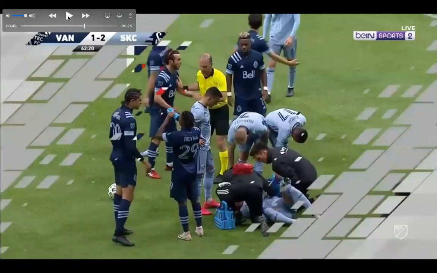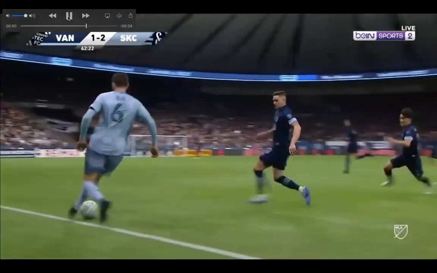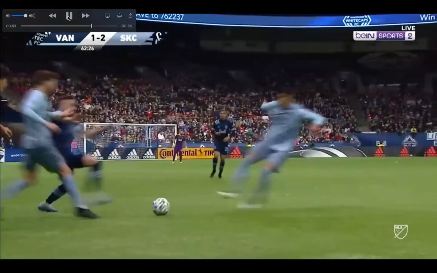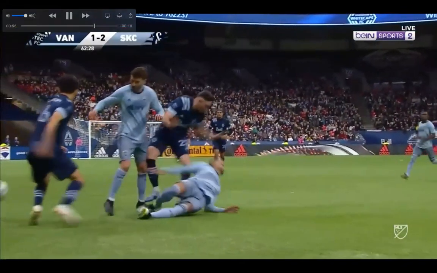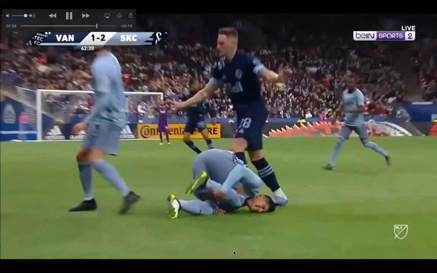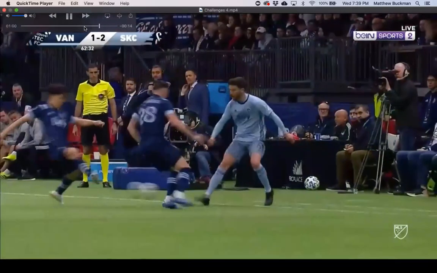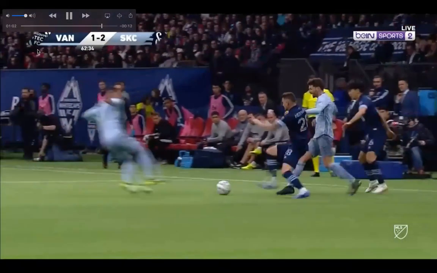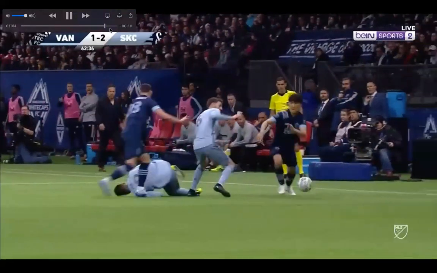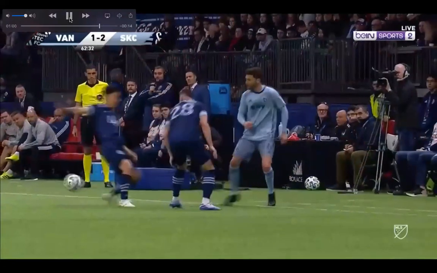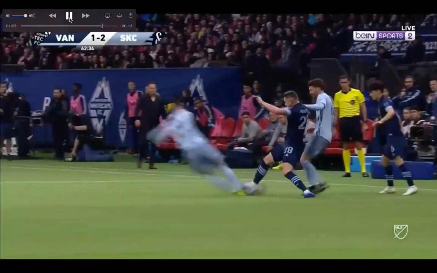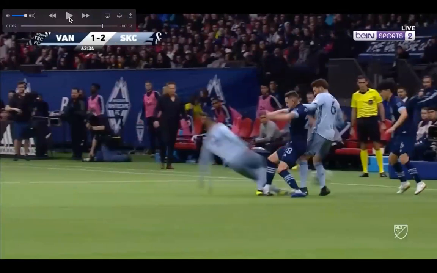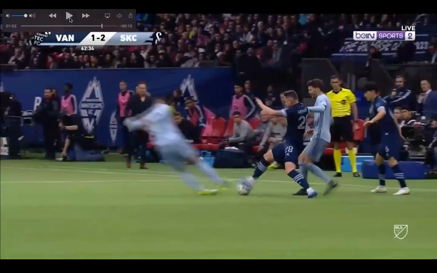So that's what we're looking for here. So that right there is what we're worried about. Number 28 in blue.